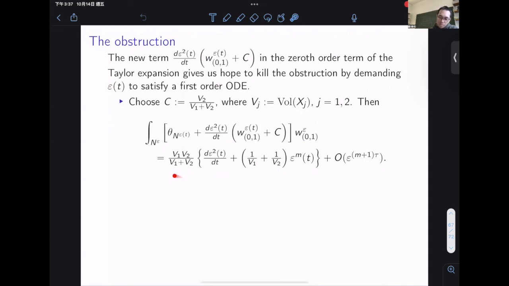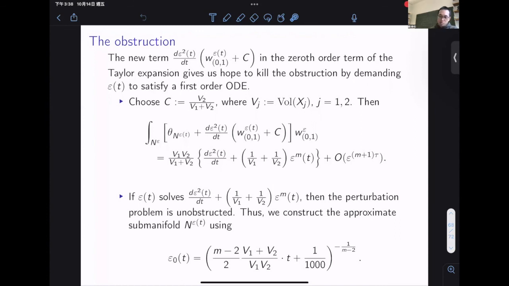So this term here shows that if this is zero, namely if epsilon satisfies this ODE, then we don't have this obstruction as before. Okay. So if epsilon solves this equal to 0, then the perturbation problem is unobstructed.